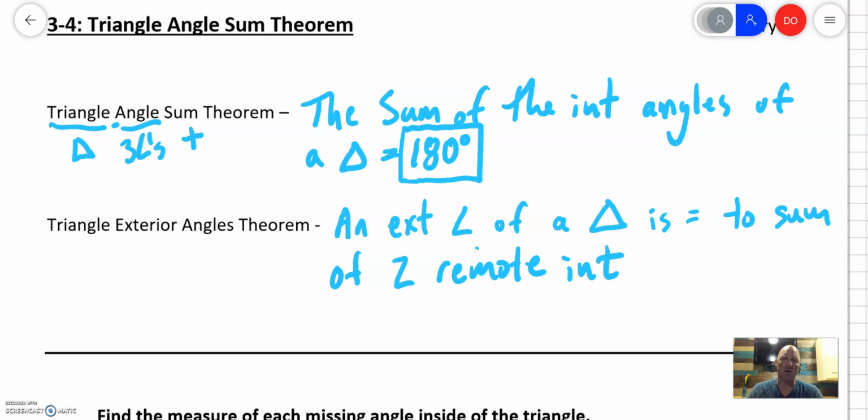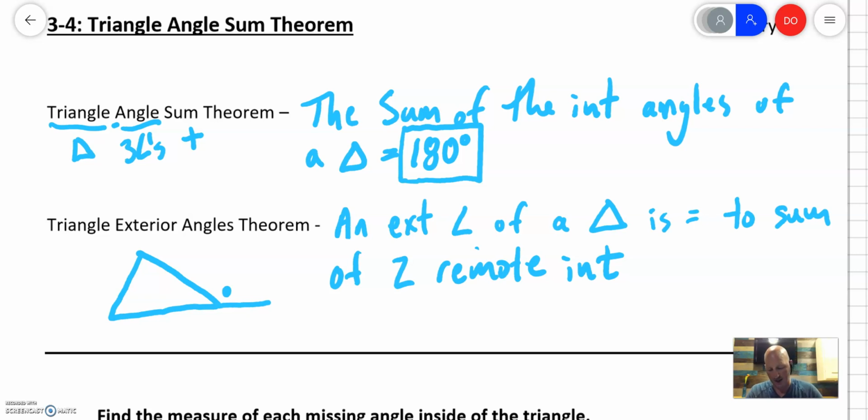The second fact you need to know is the triangle exterior angle theorem, which says if you have a triangle, here is what's called an exterior angle. So an exterior angle would be right here. An exterior angle is supplementary with one of the interior angles of a triangle, any figure really.